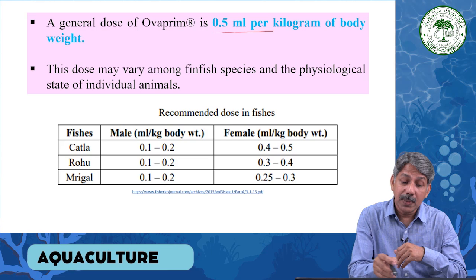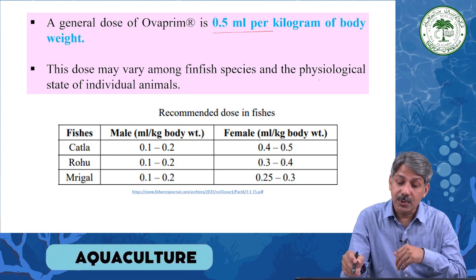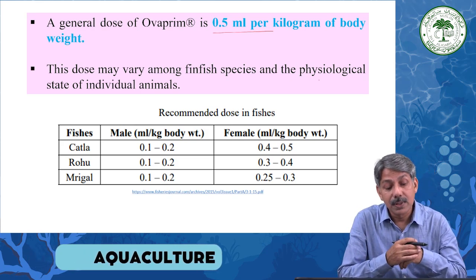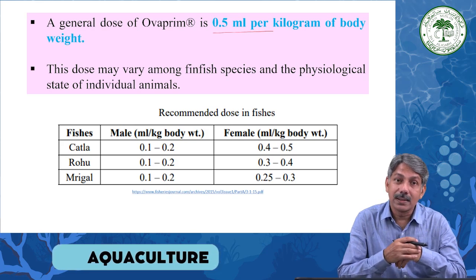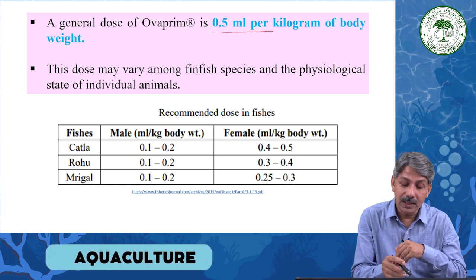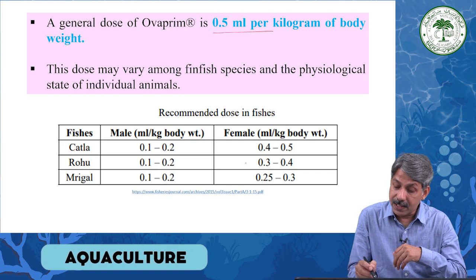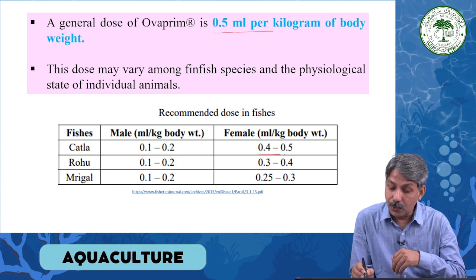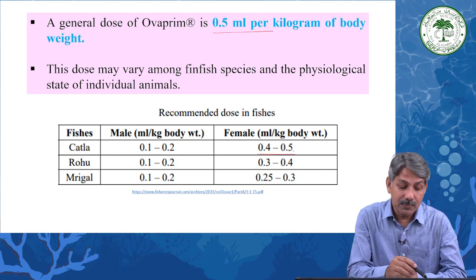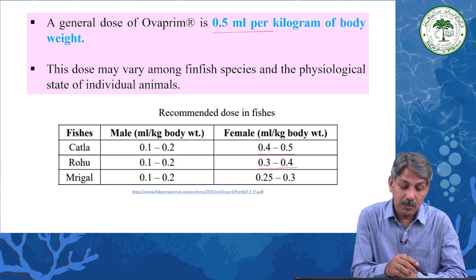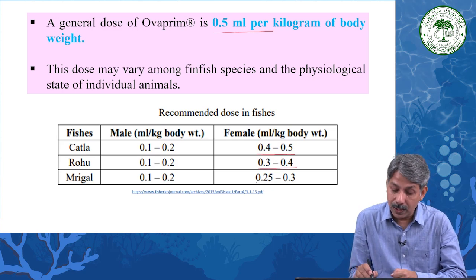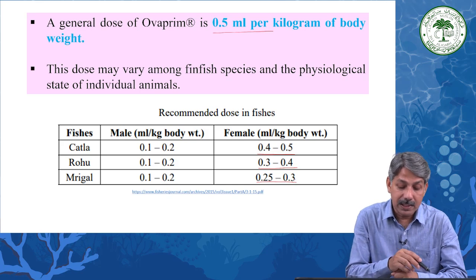And this dose may vary among finfish species and the physiological state. I told you earlier in this lecture that while deciding the doses, if you see the table, they have written 0.4 to 0.5 ml per kg body weight for katla, 0.3 to 0.4 ml per kg body weight for rohu, and 0.25 to 0.3 ml per kg body weight for mrigal.